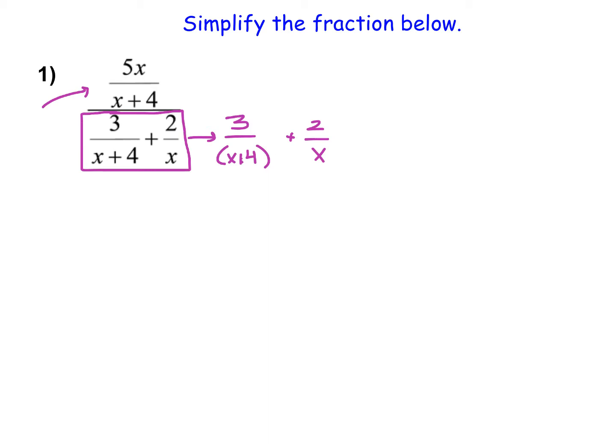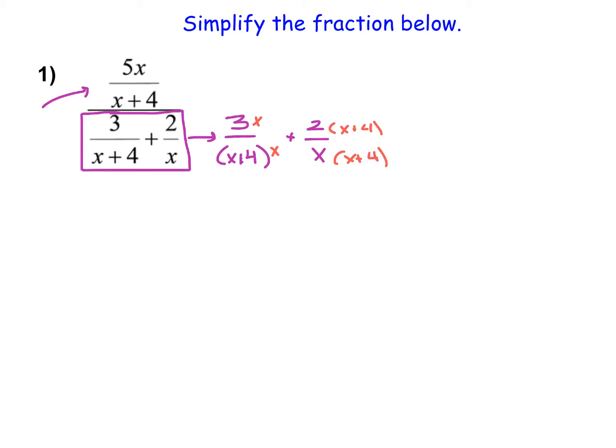So when I look at this, I notice that in order to get a common denominator, I essentially need to multiply both 3 and x plus 4 times x. And then I need to multiply the 2 and the x by x plus 4.